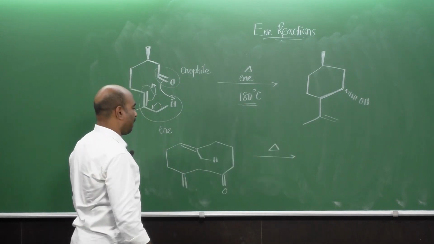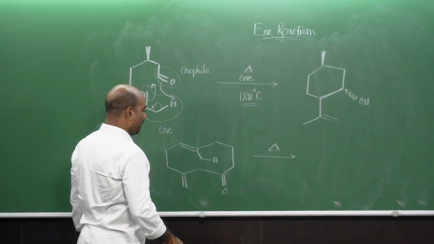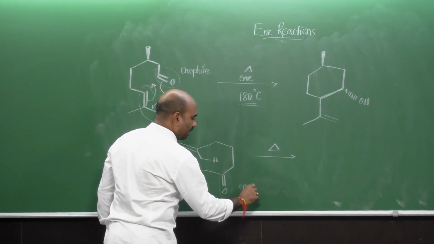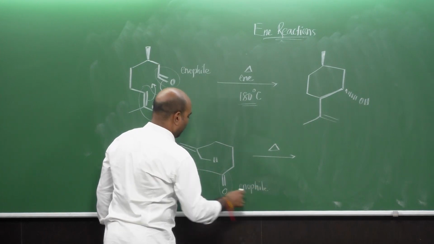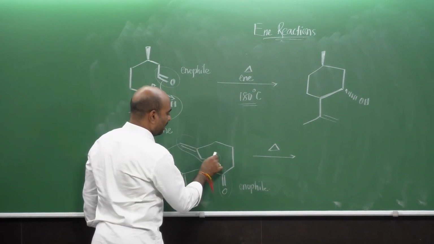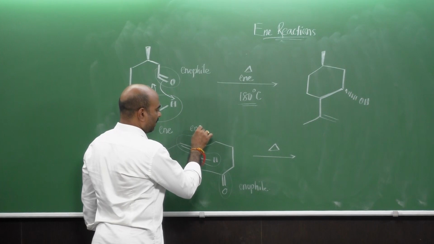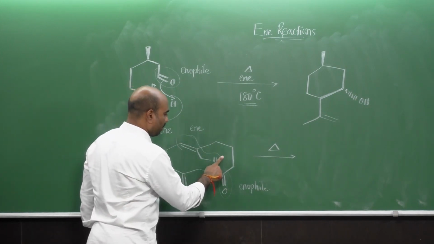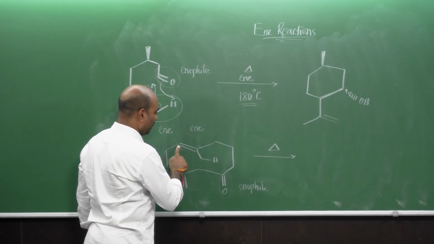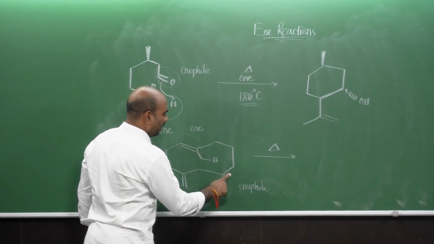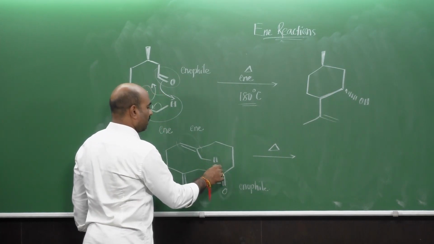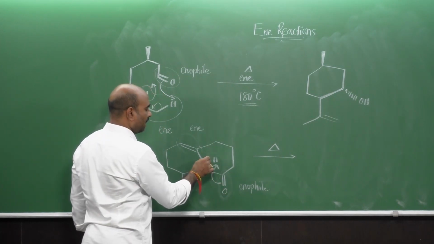What is going to happen in this example? You see, this is the enophile component, right, and this is the ene component. Therefore, the enophile is taking away this hydrogen, hydrogen transfer is happening here.